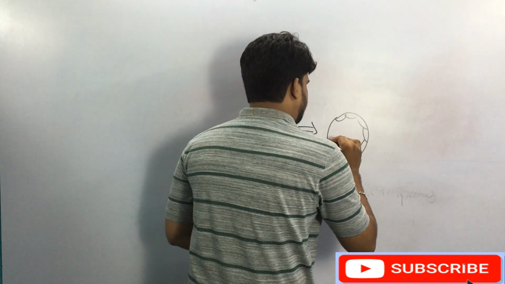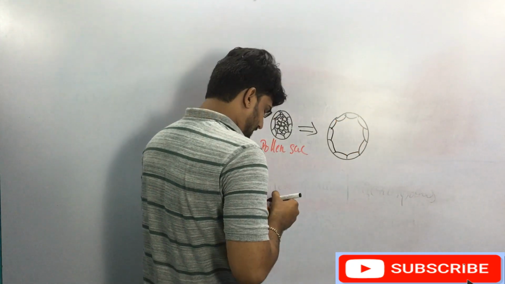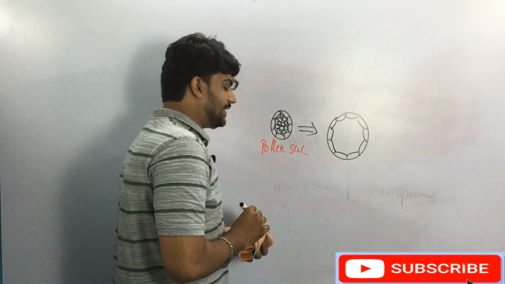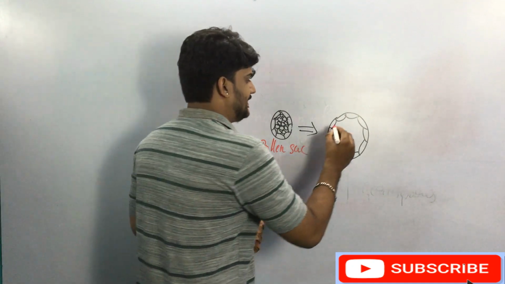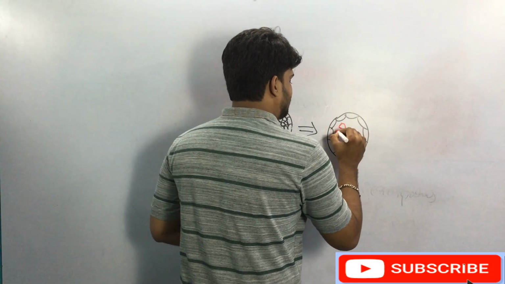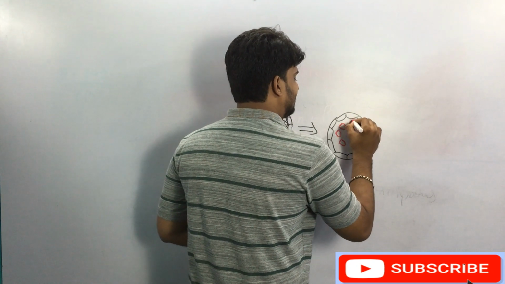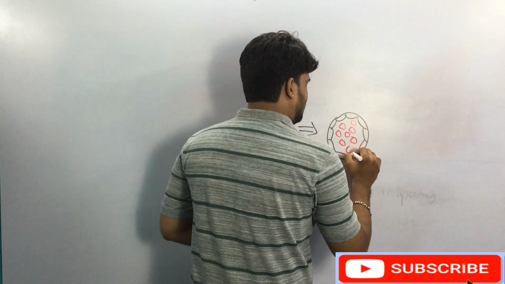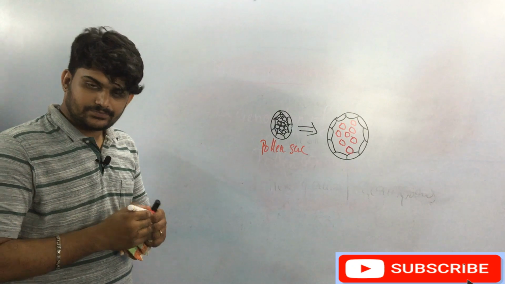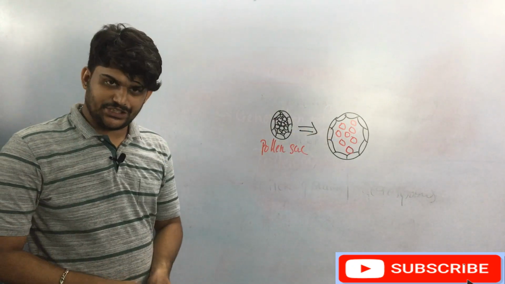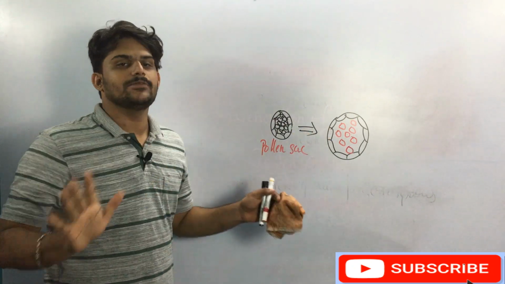This is the tapetal layer, and inside this pollen sac the sporogenous tissues will be freely moving.